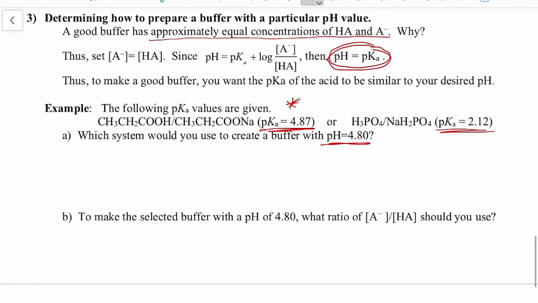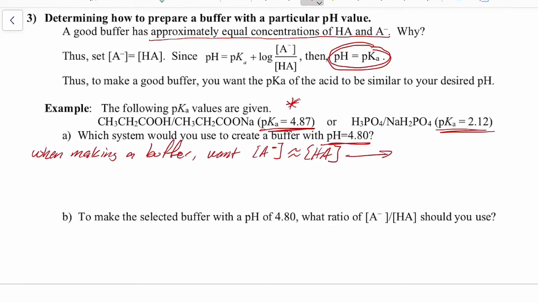So what's going on is that when you make a buffer, you want the ratio to be roughly 1-to-1. So in other words, you want the concentration of your conjugate base to be about equal to the concentration of the acid.